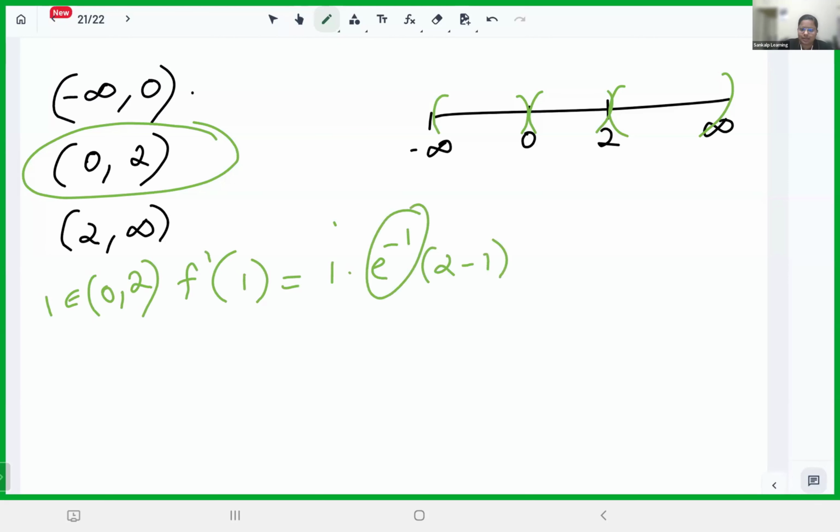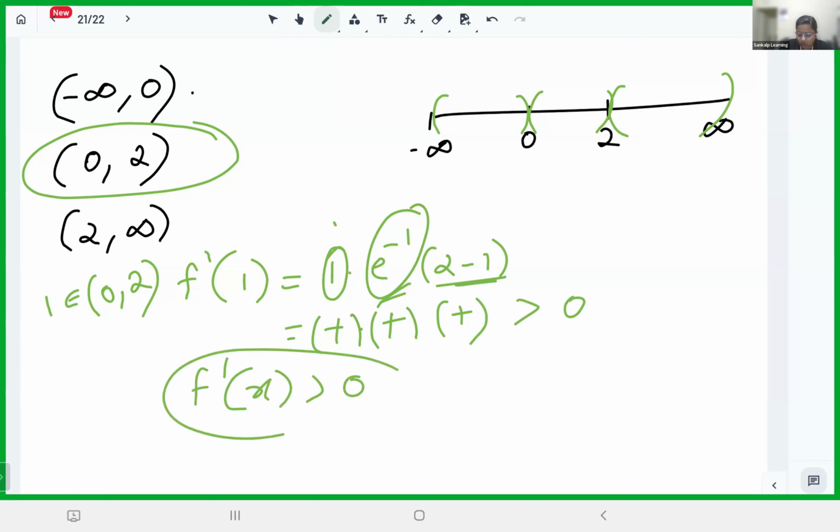The first factor is 1, so it is positive. The second is e raised to minus 1, which is always greater than 0, so it is positive. And the third is 2 minus 1, which is also positive. Which means f dash of x is greater than 0 in the interval 0 to infinity.